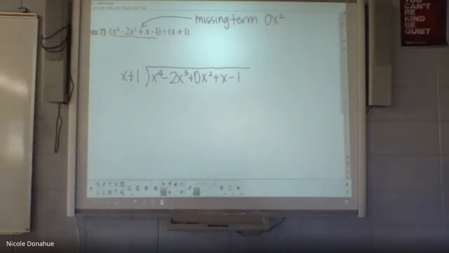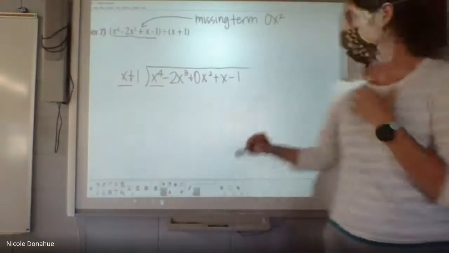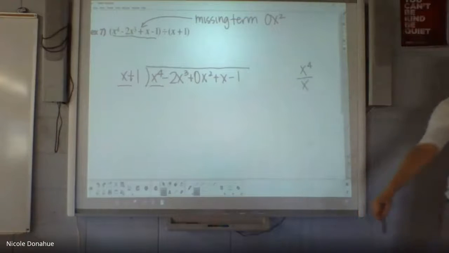All right. So that placeholder is really important in this case. So same steps though, we're gonna divide. What do we get? Garrett, what do we get? x to the 4th divided by x. x what?